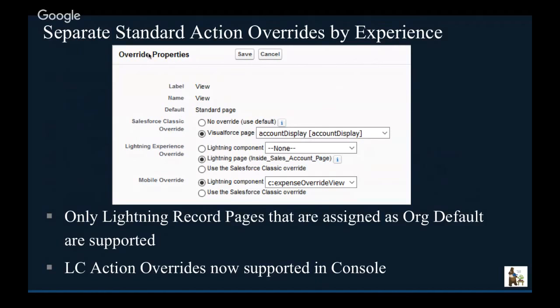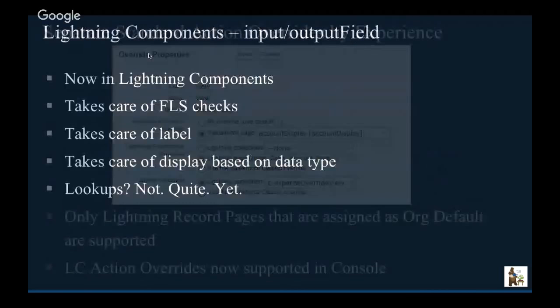Only Lightning record pages that are assigned as the org default are supported. Are also now supported, and they weren't before. So it'll be able to get people over to Lightning more. Okay.